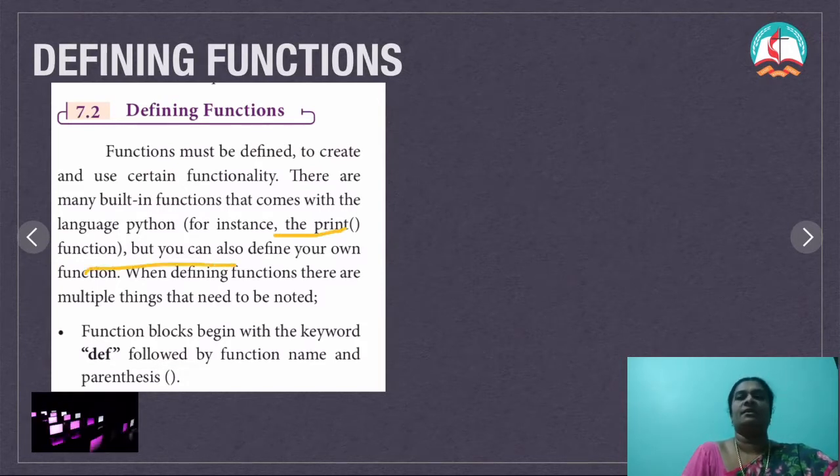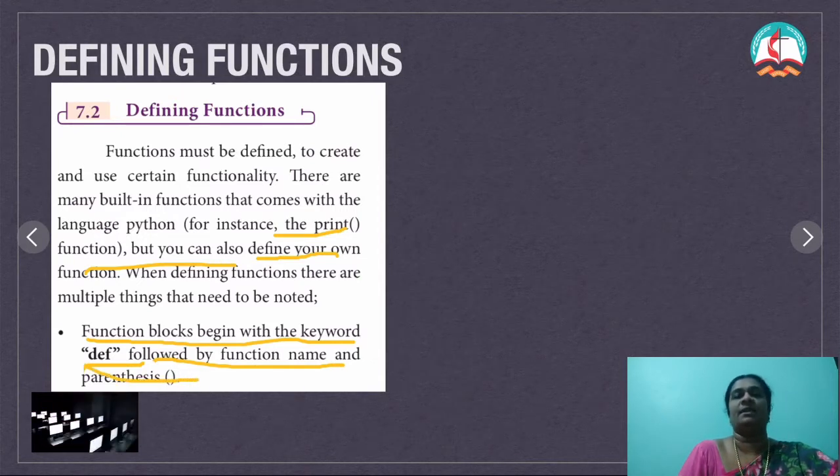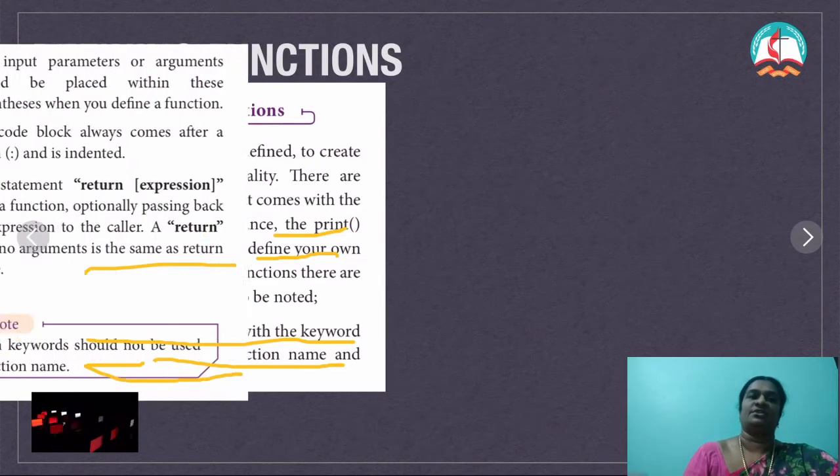The input function is used for getting the input and the print function is used for getting the output. Now let's see the steps one by one. The first step is that a function block begins with the keyword def, followed by the function name, for example, def 12e in the parenthesis. So 12e will be one kind of function.